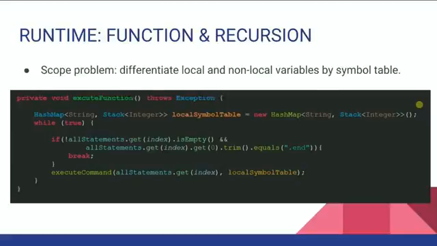If we cannot access variables from other functions, we need to create a symbol table for each function, and for each command, the execution will be based on the symbol table we pass in. This is the code. All the commands executed inside the function are based on this local symbol table, so that we can solve the scope problem.